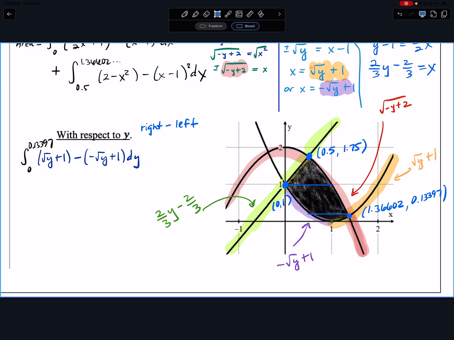So the red graph, so the middle part, so plus the integral from right minus left. So it's going to be the square root of negative y plus 2 minus purple. So negative root y plus 1 dy. And then we're going to use the y's.